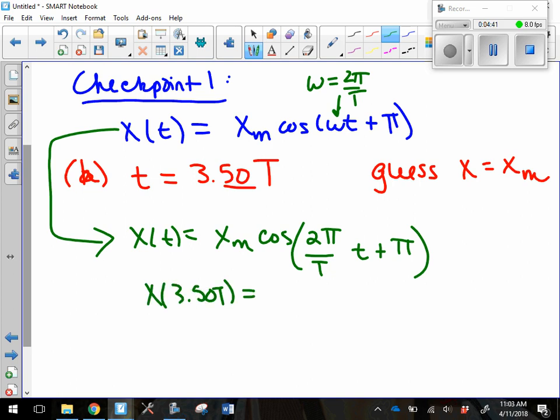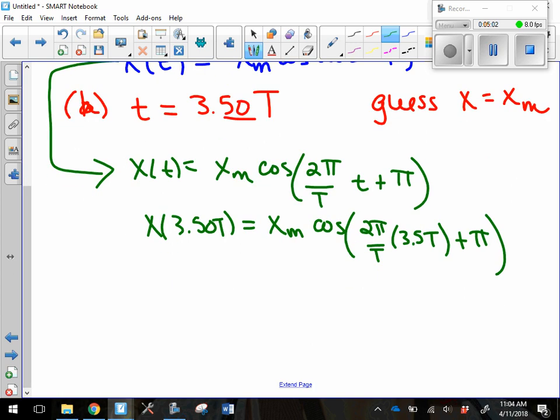And then if I want to figure out where that object is for 3.5 periods, I'm going to have xm cosine 2 pi over capital T, and then I'm going to substitute in 3.5 capital T for my time. And I get something that looks like that.